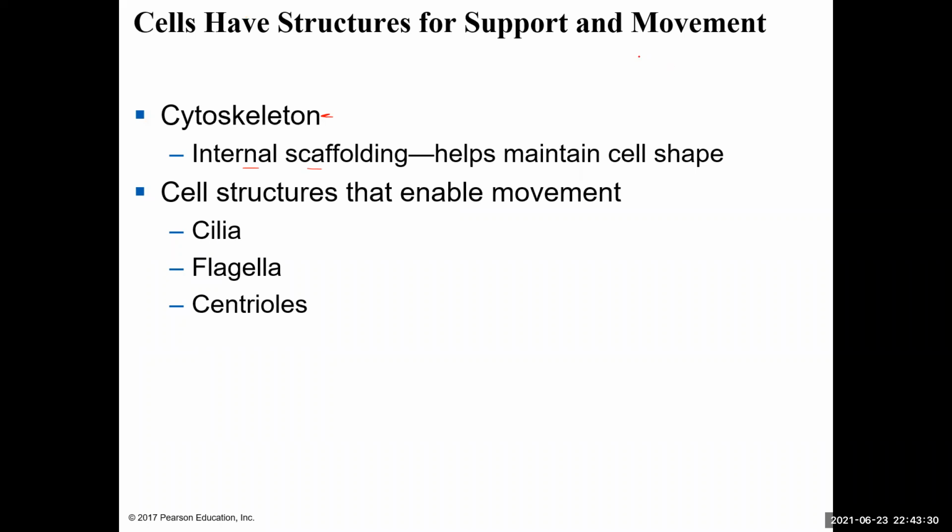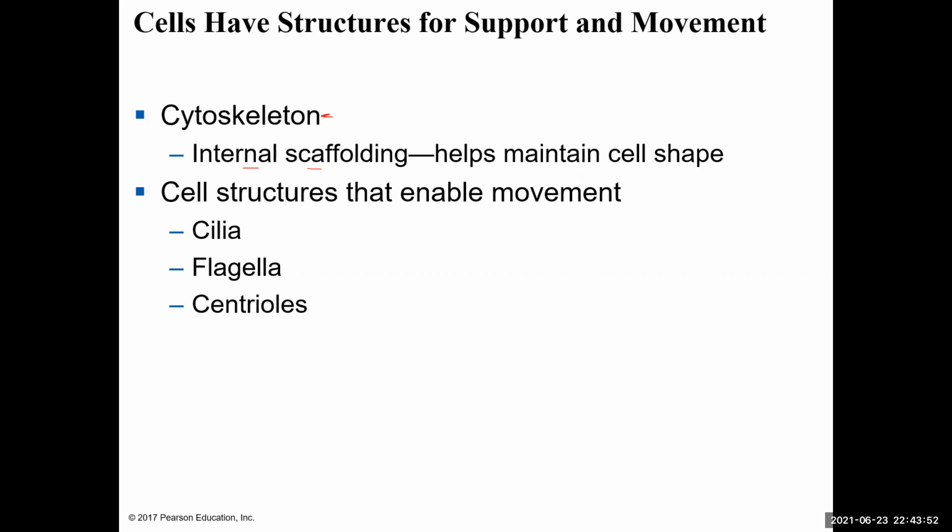Now, cells can also move via a couple different structures. So cells can have cilia, flagella, or centrioles. And we'll look at some images of those. But cilia are a lot of little finger-like projections that help the cell move.